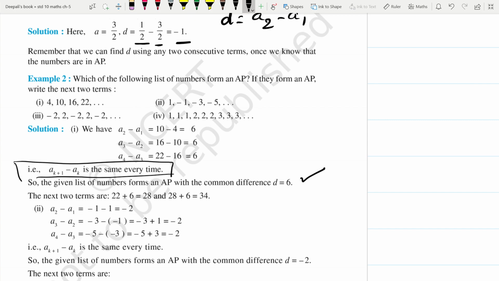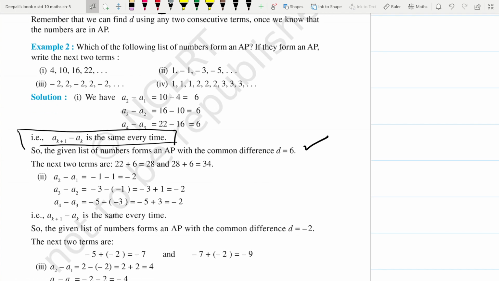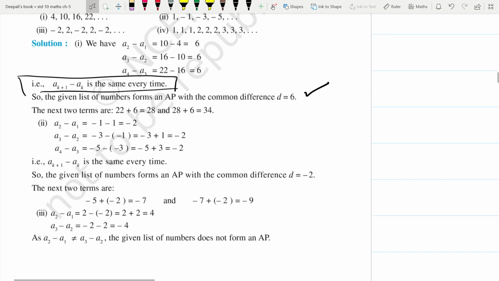In the second one, A2 minus A1 is minus 2, A3 minus A2 is minus 2, and A4 minus A3 is also minus 2. Hence, this is also satisfying the condition for it to be an AP.